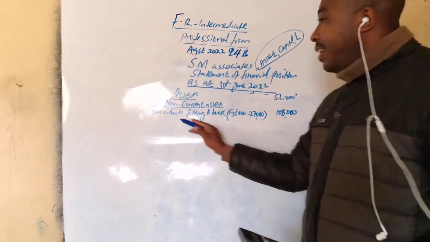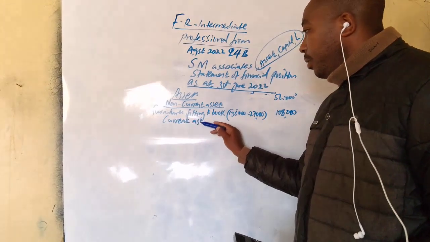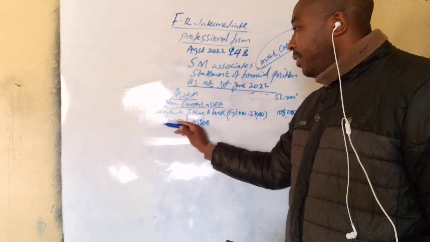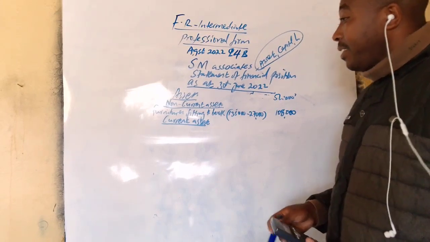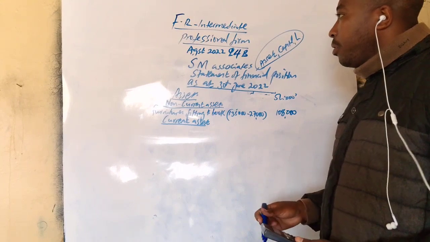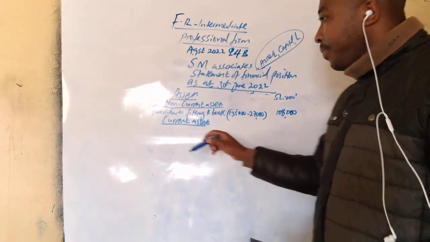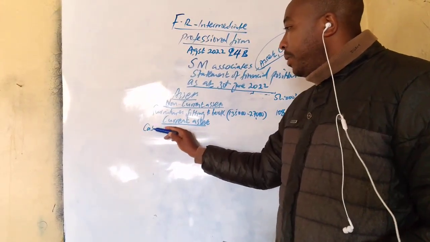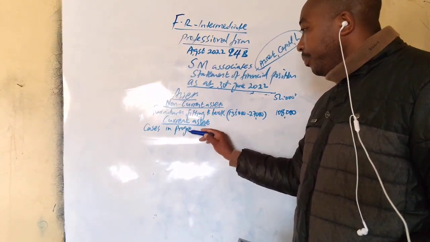We go to current assets. And for the current asset, we normally use the inventory. But now, in place of inventory, for lawyers, it is the cases in progress. So here we are, cases in progress.